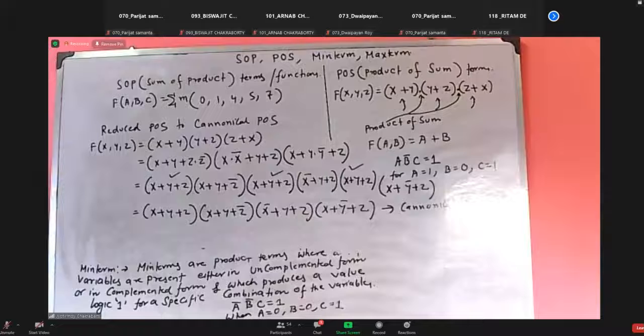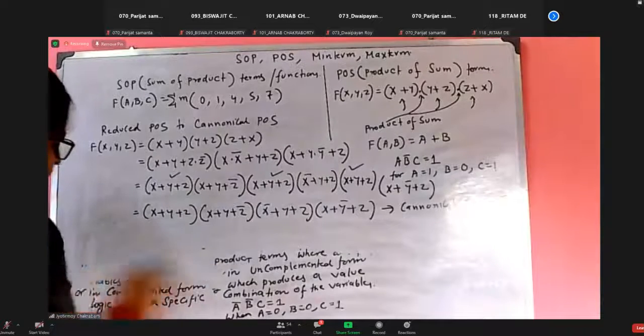Okay? Now another concept is related to this canonical POS form. That is called Maxterm. We have learned Minterm, so now we'll discuss Maxterm.